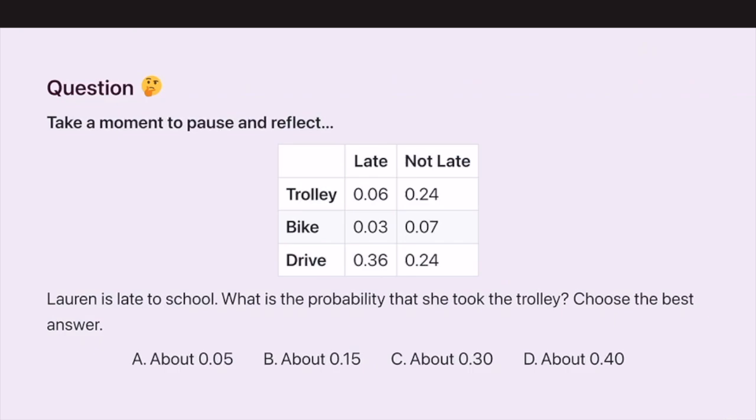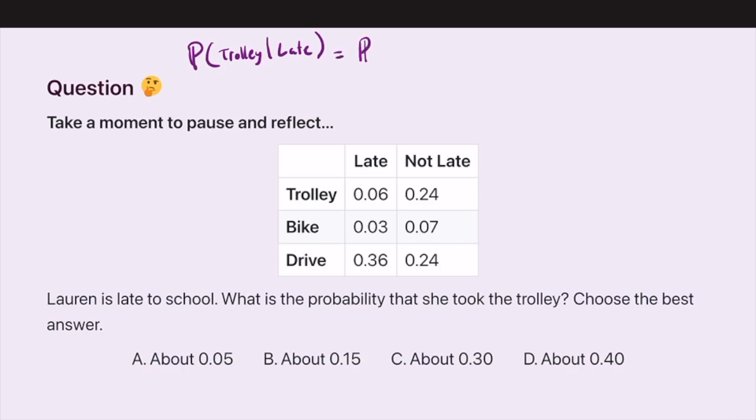So now we want to ask the question, what is the probability of trolley given being late? So the probability of trolley given that you were late. If we know that you were late, what's the probability that you took the trolley? A little backwards way of thinking about it.